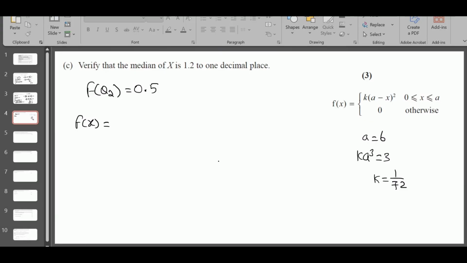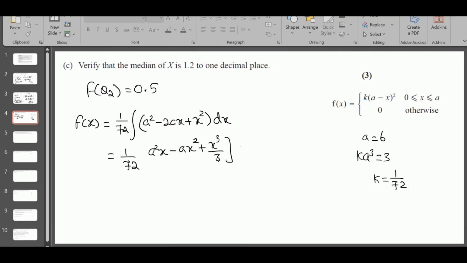So 1 over 72 times the integral of (a minus x) squared, which is this after expanding, right? So 1 over 72 times a squared x minus ax squared plus x cubed over 3, plus c. Instead of writing a, the value of a is 6, so 36, 6.